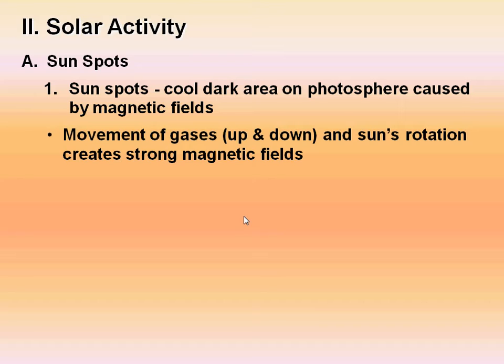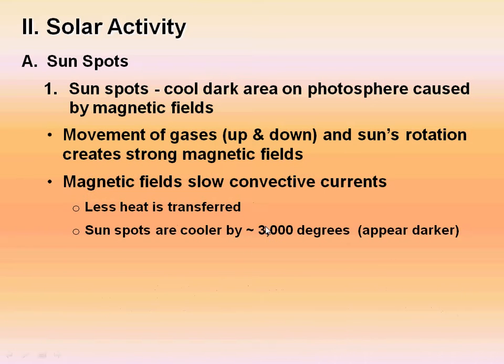So as we look at this, we talk about the fact that magnetic fields on the sun are slowing down the convective currents, and as a result of that, the energy is not being transferred. And so if it's not being transferred, then it's cooler. Now, we talked earlier about this. Bright white light on a star means it's like 30,000 degrees Celsius, right?